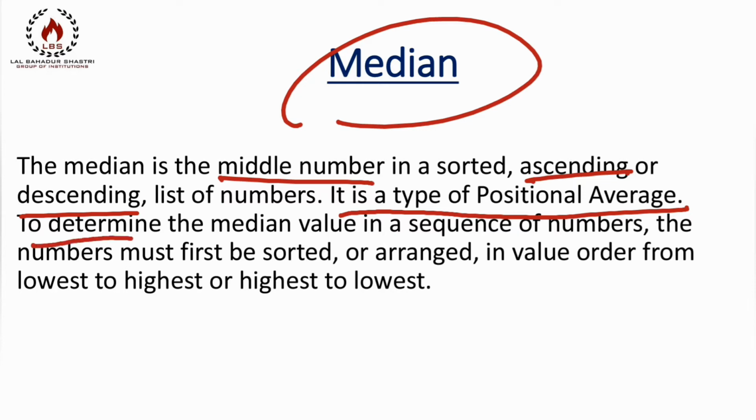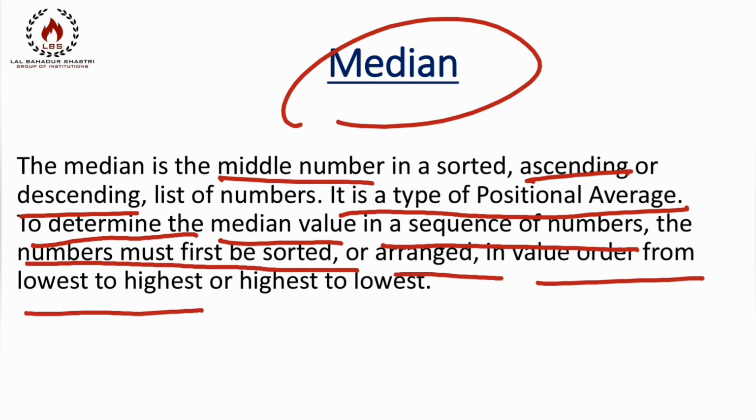To determine the median value in a sequence of numbers, the numbers first must be arranged in value order from lowest to highest or highest to lowest. Now, like mean, in mean we have different formulas. We have three types of series: individual series, discrete series, and continuous series.